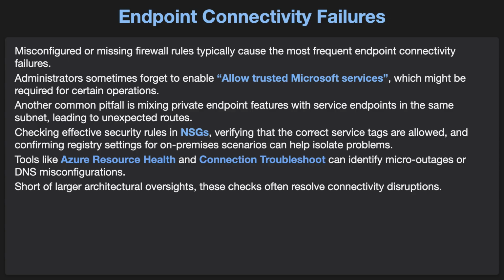Checking effective security rules in NSGs, verifying that the correct service tags are allowed, and confirming registry settings for on-premises scenarios can help isolate problems. Tools like Azure Resource Health and Connection Troubleshoot can identify micro outages or DNS misconfigurations. Short of larger architectural oversights, these checks often resolve connectivity disruptions.